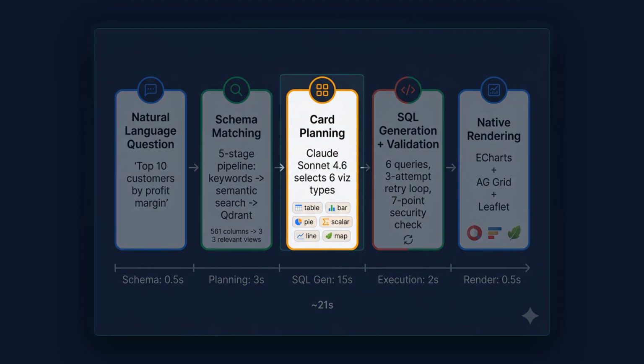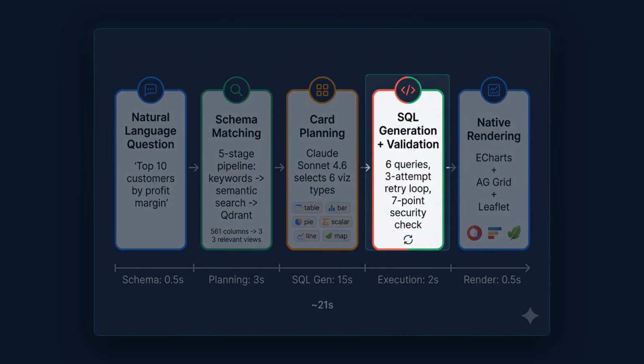Stage 2 is the planner. Claude Sonnet 4.6 reads that schema context and designs exactly 6 visualization cards, each one a different way of answering your question. More on that in Section 4. Then Stage 3 writes the SQL, 1 query per card. And critically, every single query is validated and tested against the live database before anything renders.